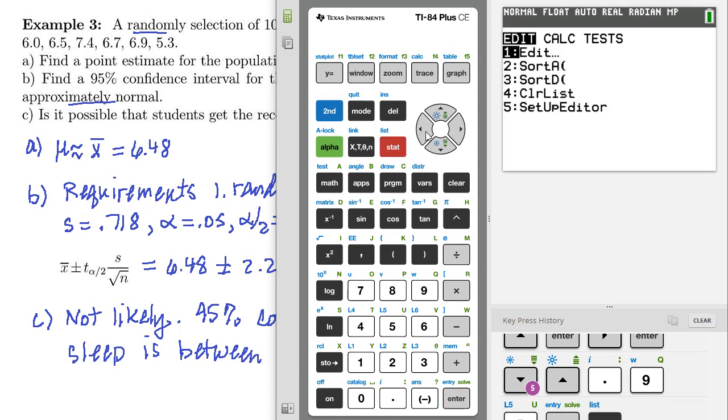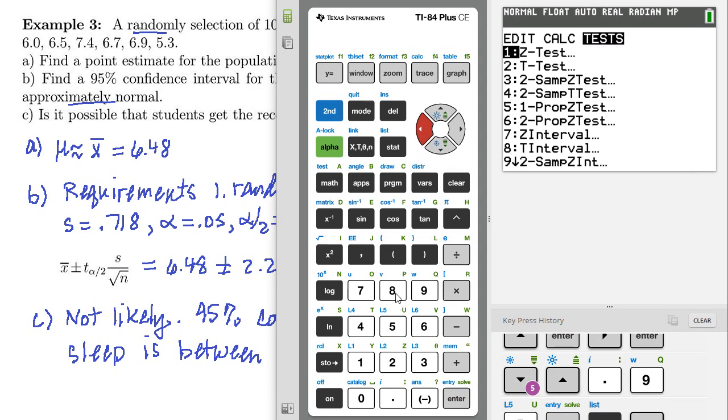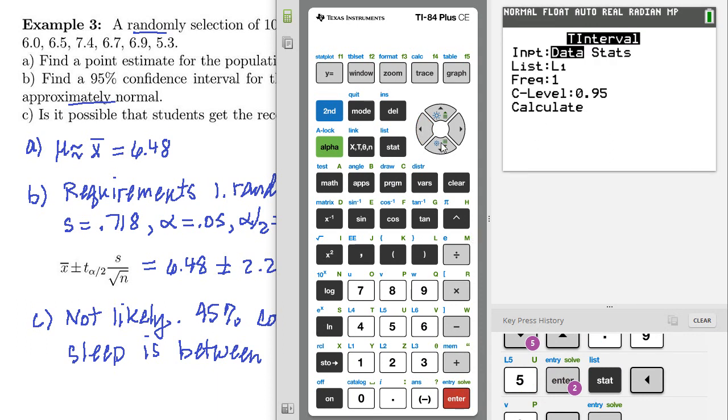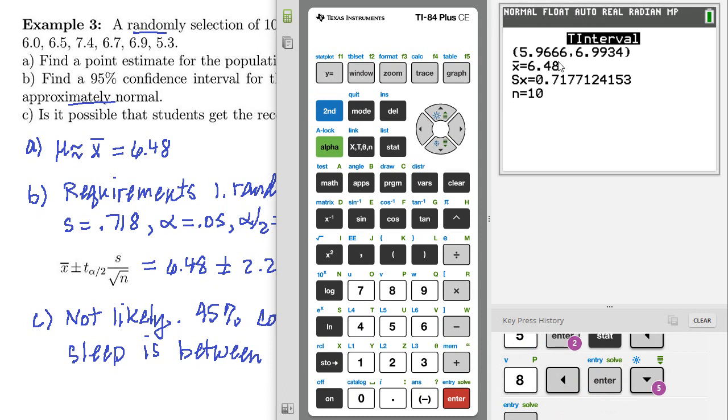So you can do stat, tests, 8, and then use data. Highlight data, everything is the same, calculate, and there's that same interval. So the calculator will do it from actual data or just from the mean and standard deviation and sample size.